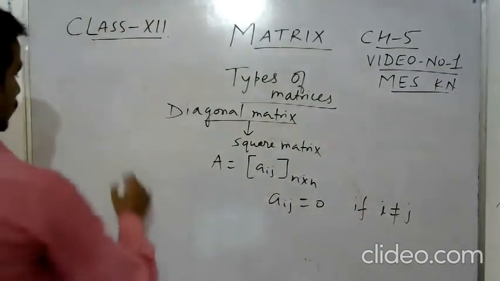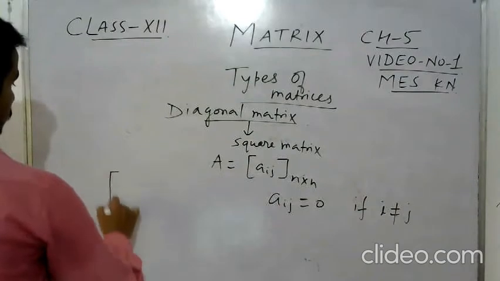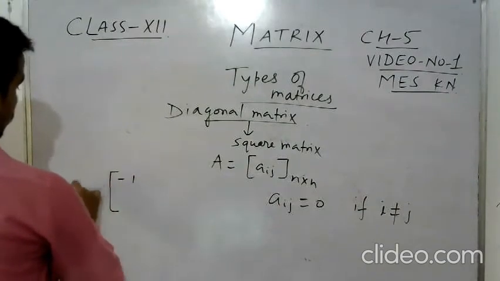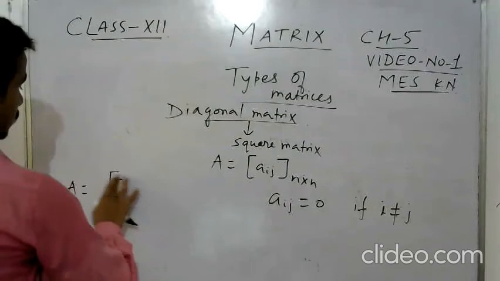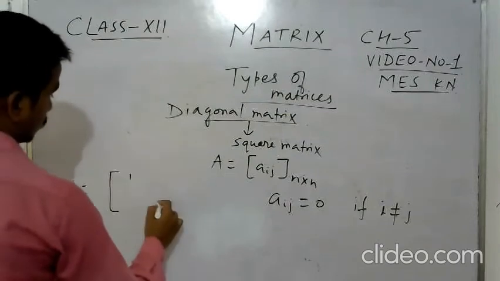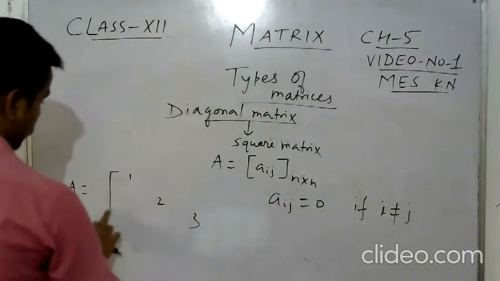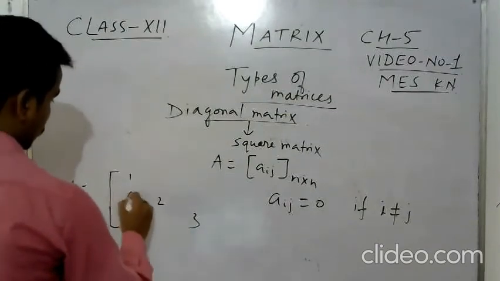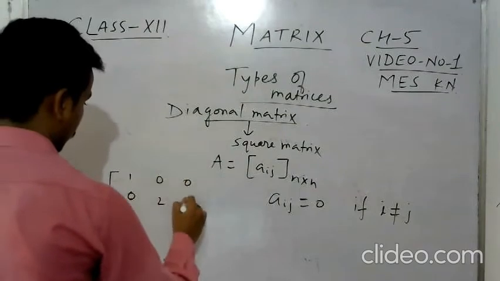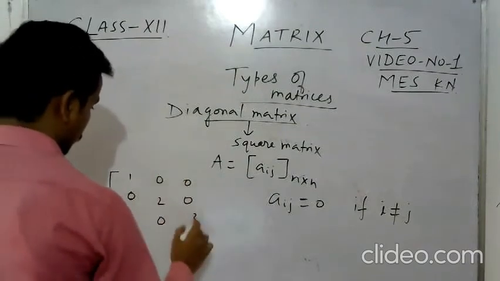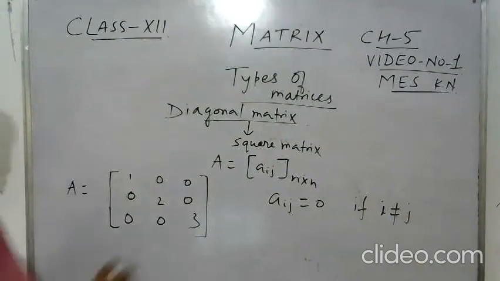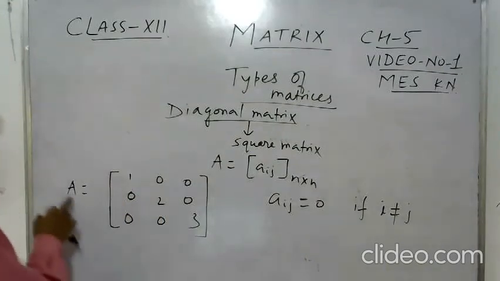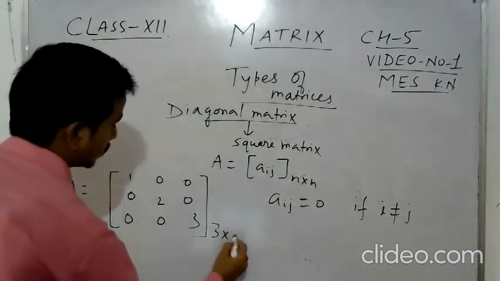For example, A is equal to 1 2 3 on the diagonal, and the rest 0 0 0 0 0 0. So this is a square matrix of order 3 by 3.